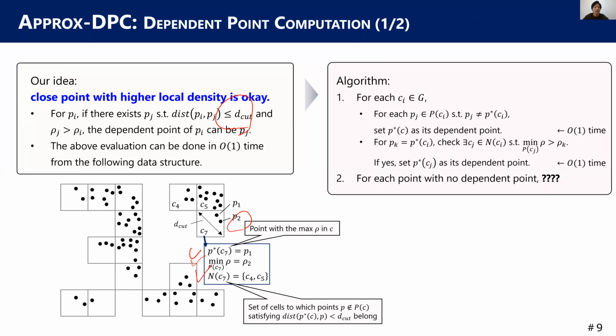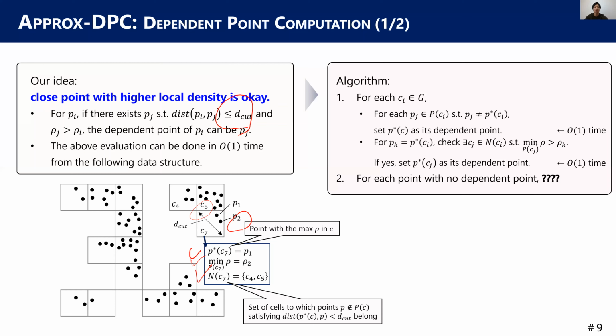For instance, the minimum local density in C5 is higher than the local density of P1. In this case, the approximate dependent point of P1 is the P star of C5.